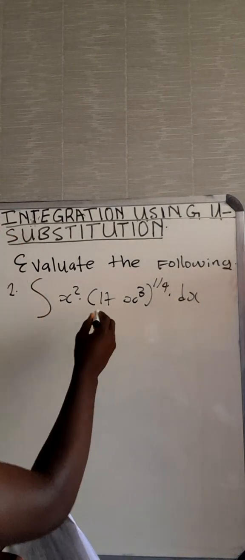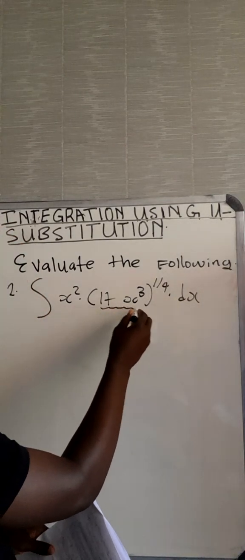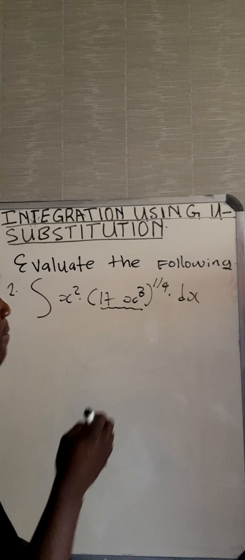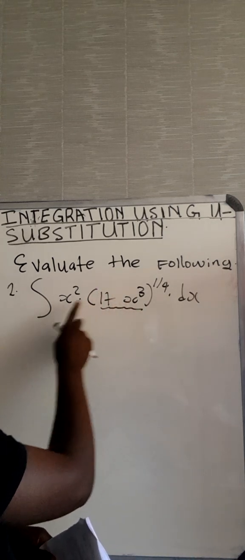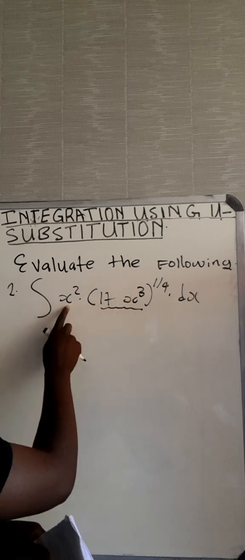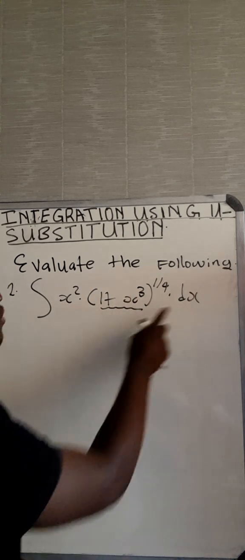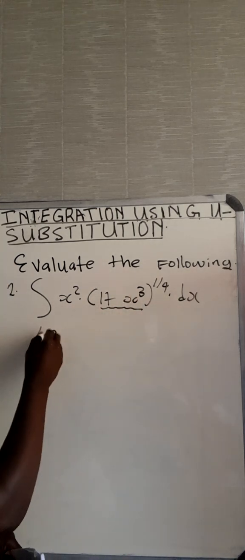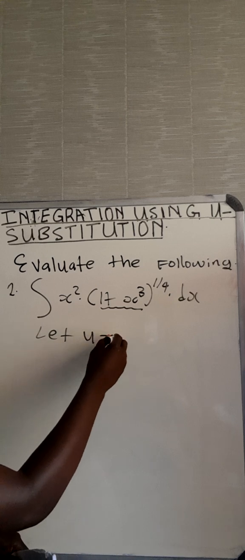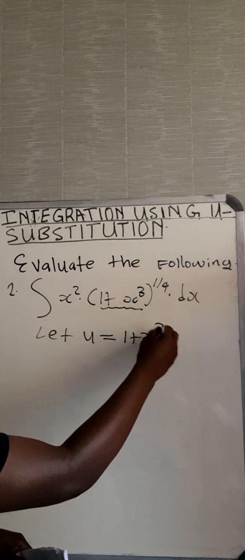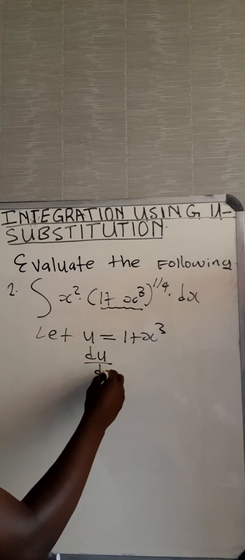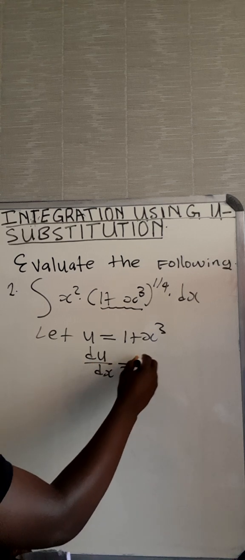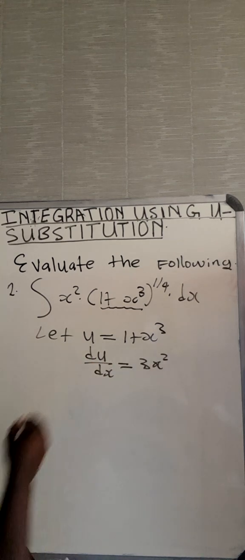You can see that if we let this guy be u, then we can differentiate it and get some x squared, which we can substitute. Let's do it. If we let u equal 1 plus x cubed, then du over dx will be equal to 3x squared.